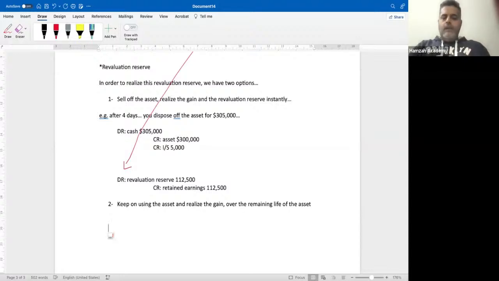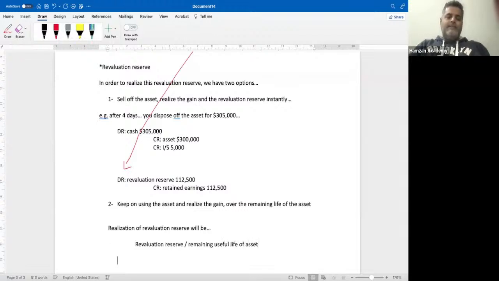Okay. Now, what does it mean? It means you are going to keep on using the asset. As far as the realization of the revaluation reserve is concerned, what you have to do is revaluation reserve divided by remaining useful life of asset.